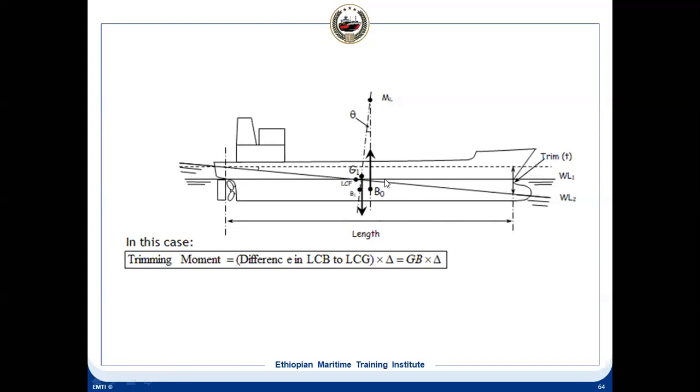Equilibrium is lost. They are not on the same line. What does it mean? When they are on the same line, the ship will remain at that position. If you look at transverse stability, once they reach the same line, it will remain at that line. It means after that the ship will not heel. Here longitudinally it is trimming.